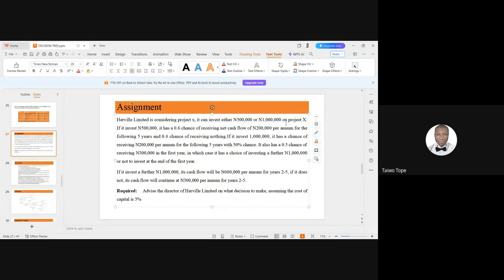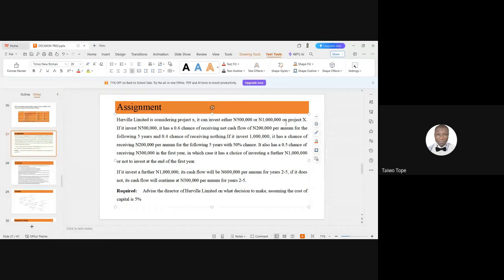If it invests 500,000, it has 0.6 chance of receiving net cash flow of 200,000 per annum for the following 5 years. You can see 5 years, year 1, year 2, year 3, year 4, year 5 is calling you now. And 0.4 chance of receiving nothing, that is nil, 0.